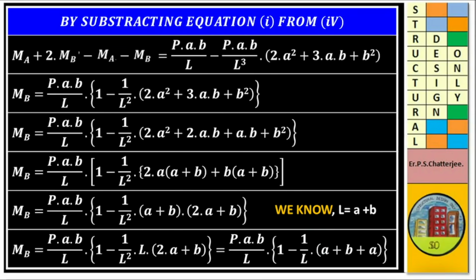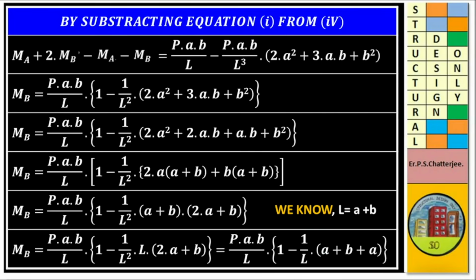Therefore MB = P A B/L × [1 - 1/L² × (2A² + 3AB + B²)]. So MB = P A B/L × [1 - 1/L² × (2A² + 2AB + AB + B²)], since 3AB = 2AB + AB.